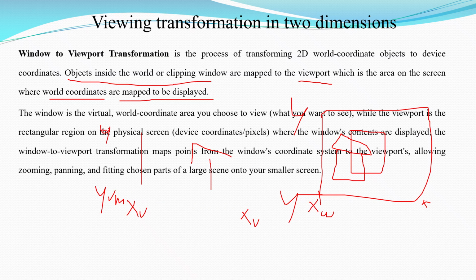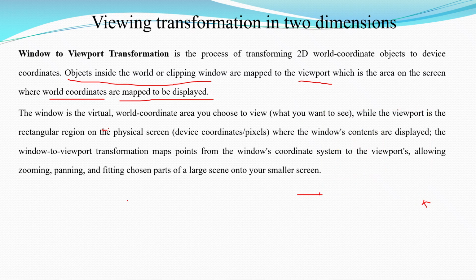Now, next, the definition. What is a window here? A window is a virtual world coordinate region chosen to view what you want to see, while the viewport is the rectangular region on the physical screen, in device coordinate pixels, where the window contents are displayed.